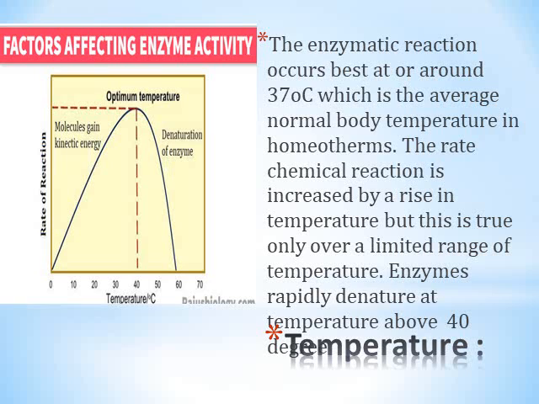It means the activity of the enzyme takes place when the temperature is 37 degrees Celsius. As the temperature increases above 40 degrees, the enzyme becomes inactive or denatured. So in this graph, the rate of reaction is also shown, with temperatures like 0, 10, 20, 30, 40.